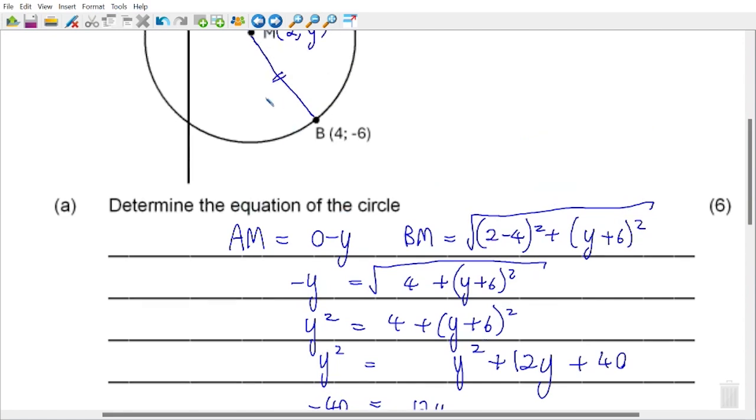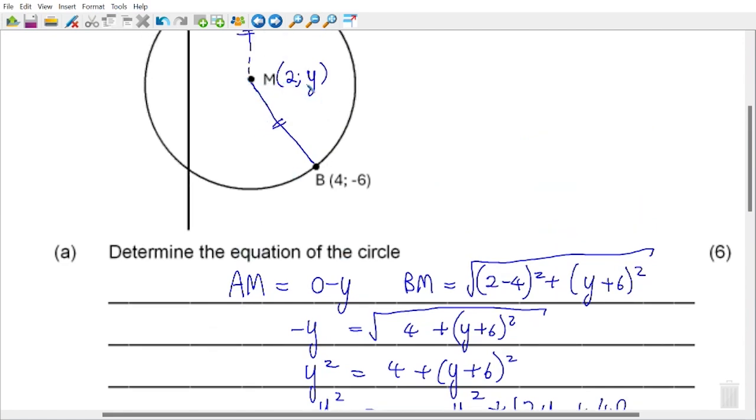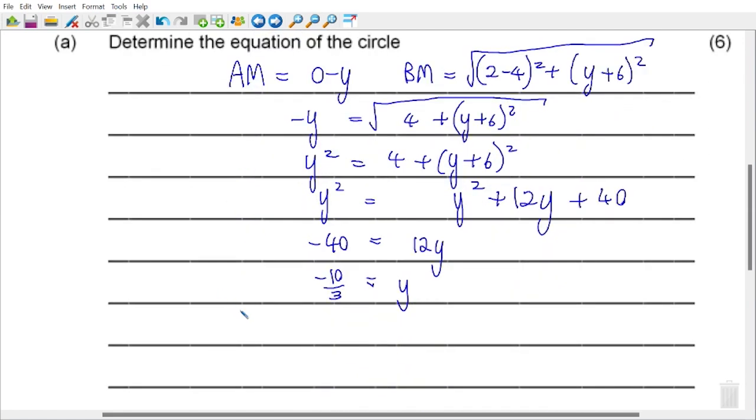We expected y to be negative. Remember, y is the value of that point. Right? And now, don't forget to actually finish off and answer the whole question. The equation of the circle is going to be (x minus the x coordinate of the center) squared plus (y minus the y coordinate of the center) squared. So it's going to be (y plus 10 over 3) all squared, right?